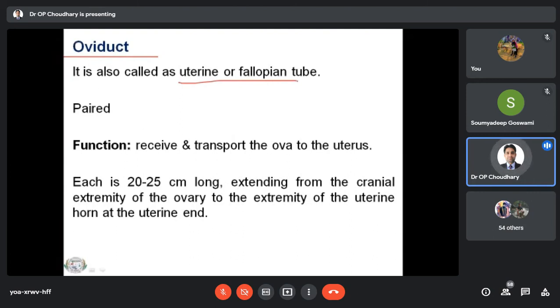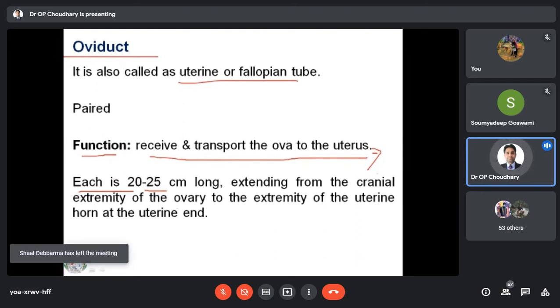It is also the site of fertilization, and they are paired, meaning they are present on the right and left side. The function is to receive and transport the ova to the uterus. Each oviduct is 20 to 25 centimeters long, and it extends from the cranial extremity of the ovary to the extremity of the uterine horn.